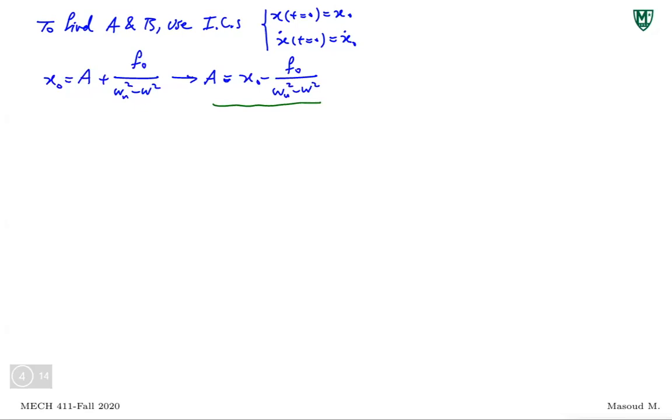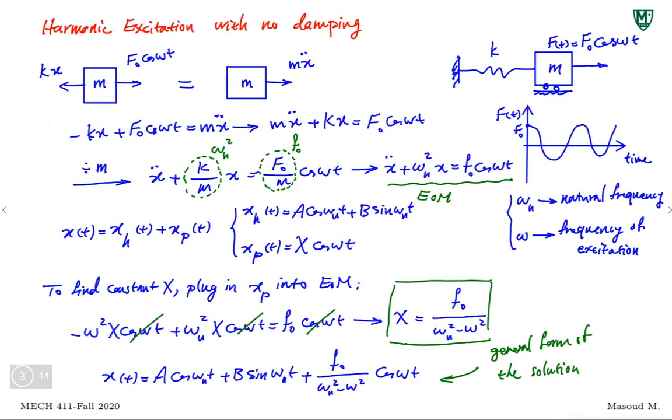To find B, I have to take the derivative and plug in t equals 0. If I take the derivative with respect to time of the general form of the solution, the first term gives me sine omega n t, so it becomes 0 at t equals 0. The second term gives me b omega n cosine omega n t, so it becomes b omega n.